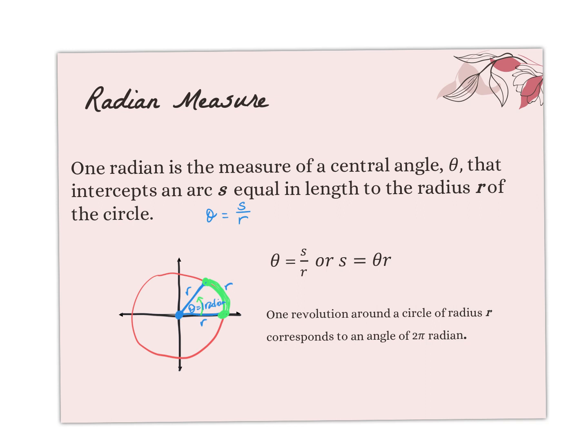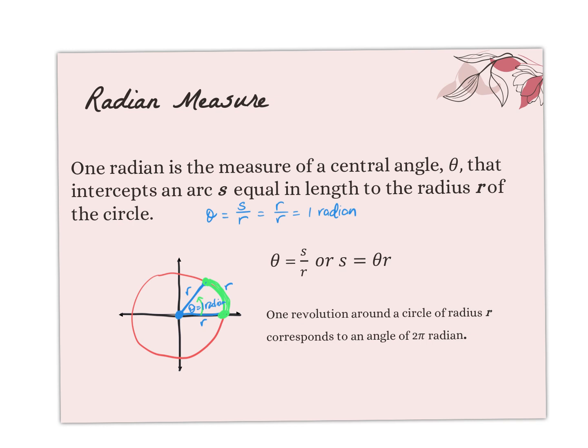Think about it, it's a length over a length. And so when the arc length happens to be the same as the radius, then your theta is 1 radian, because r over r is 1. So 1 radian is the unit of measure we use.